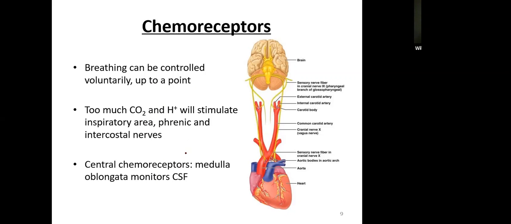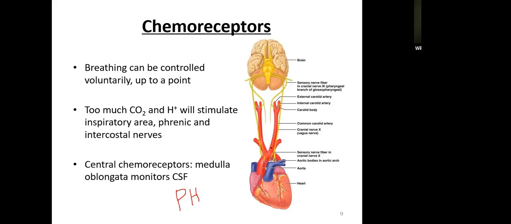The central chemoreceptors within the medulla oblongata monitor CSF, and they look for changes in pH within the cerebrospinal fluid to see what's going on in relation to chemical changes.